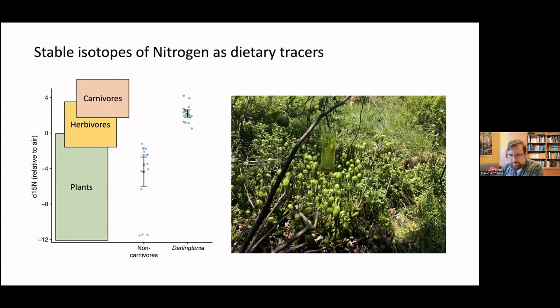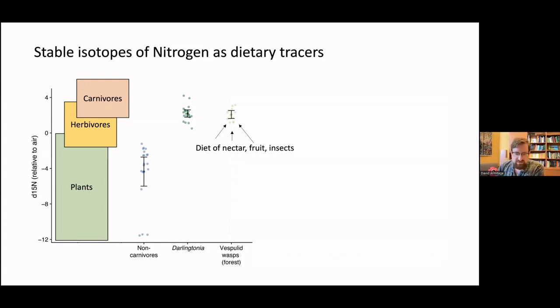We then place these wasp traps directly over the pitcher fens and capture the wasps. And we either do this right above the pitchers or somewhere else in the forest where there are no pitchers. So here are the nitrogen isotopes from the wasps that are not near the pitcher fens. What we want to know then is if wasps at the pitcher fens are significantly benefiting from feeding on something.